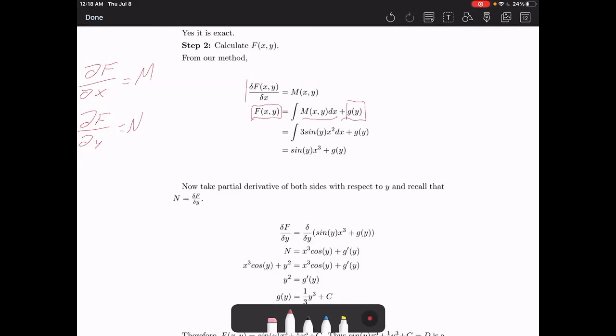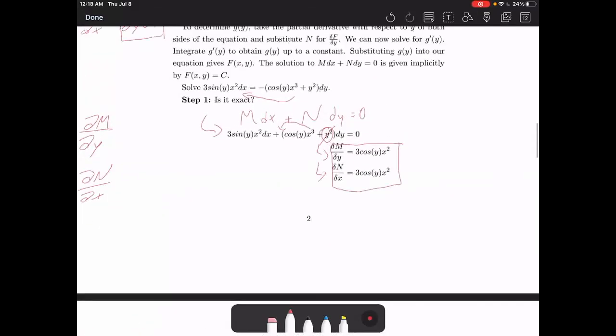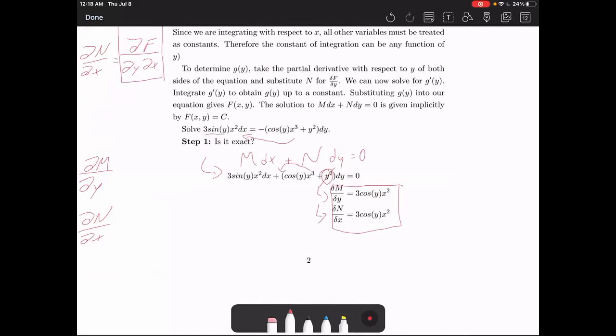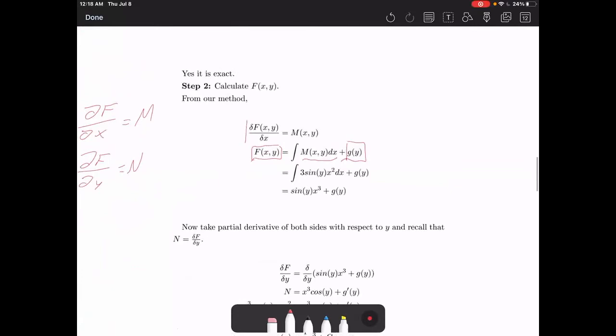Well, M, as stated above, is 3 sin(y) x squared. So we plug that in, but now we need to take its integral with respect to x. So when you integrate with respect to x, you get to act like all of the y terms are constant. So all we're worried about is this x squared and the 3.